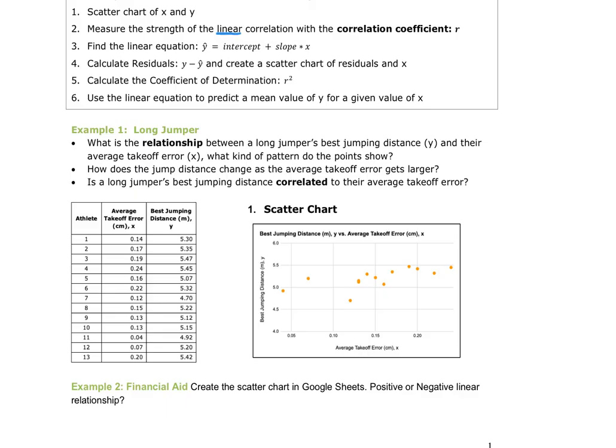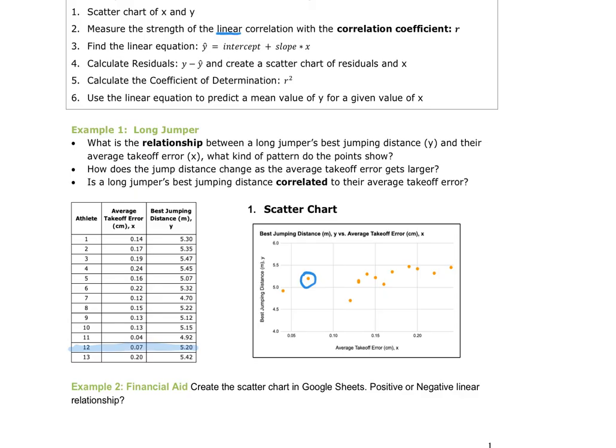So if we identify a particular point, let's just say this one right here, and look at the list to figure out which one this corresponds to, this looks like it is athlete number 12 with average takeoff error of 0.07 centimeters and best jumping distance of 5.2 meters. And each of those other points is going to correspond to a particular athlete.